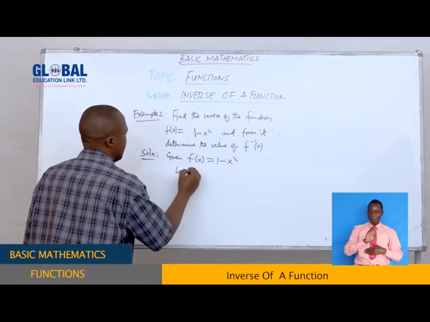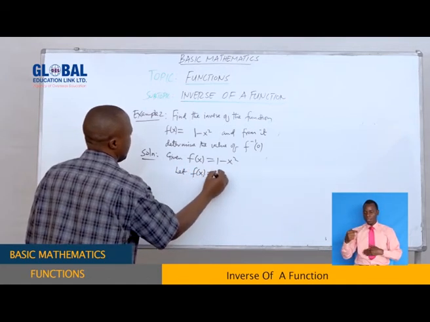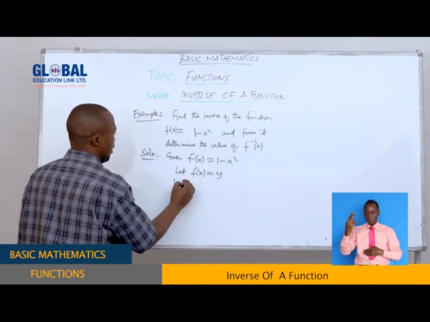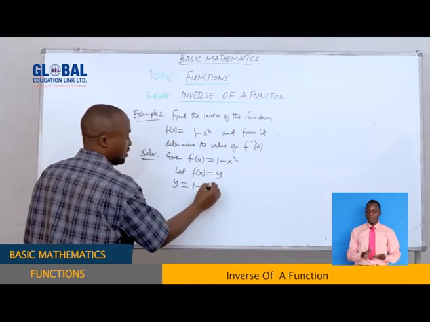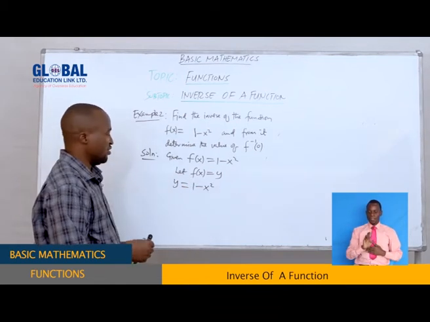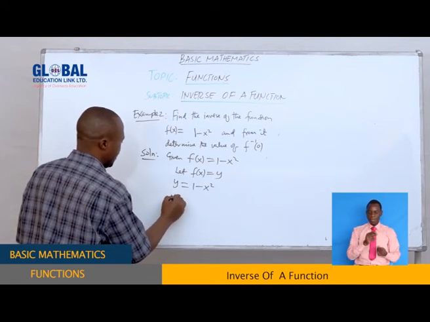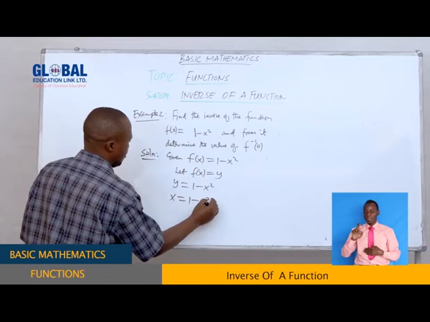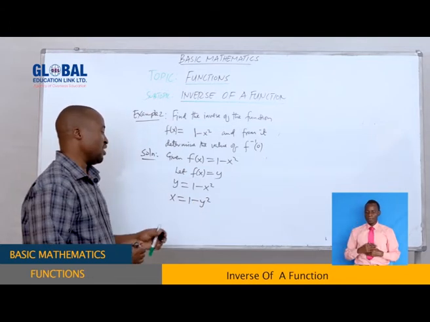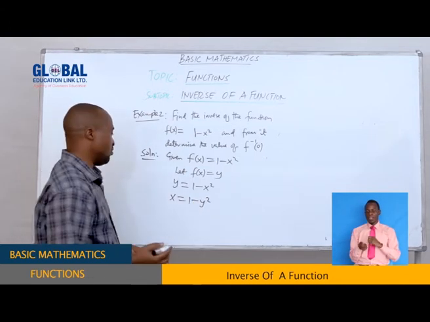That is, let f of x is equal to y. In this case, y is equal to 1 minus x squared. So interchange variables, that is x is equal to 1 minus y squared. Then from there, make y the subject.